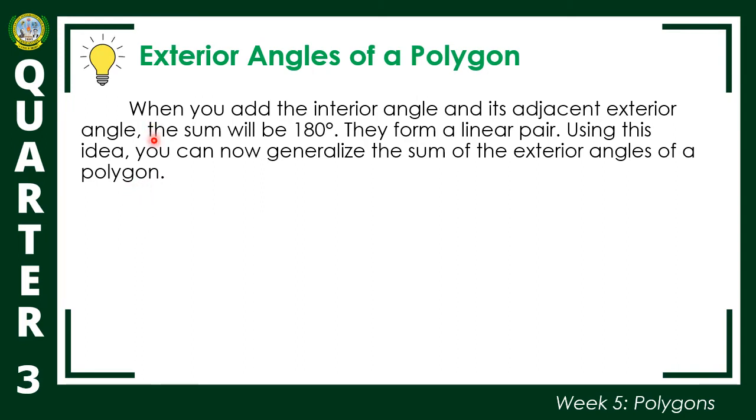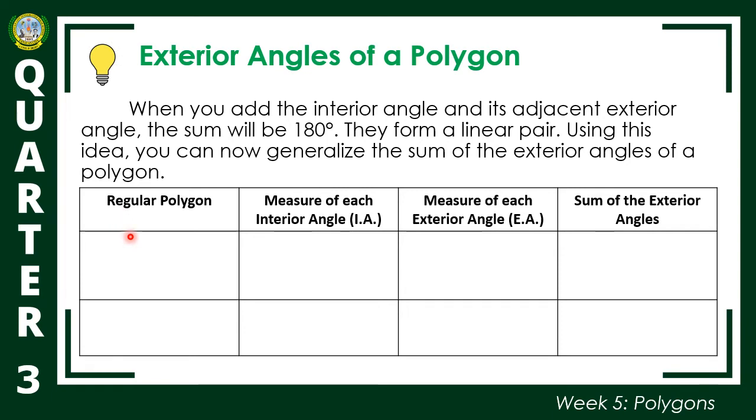And since mas madaling gamitin po ang mga regular polygons, yun muna po ang ating illustration na pagbabasihan. Okay? So, for a regular triangle or an equilateral triangle, ang gagawin po muna natin is hanapin po natin yung measure po ng each interior angle po niya. Okay? So, mas madali pong kuhanin ang each interior angle ng isang regular polygon.